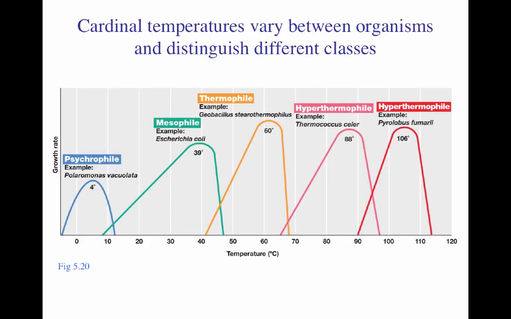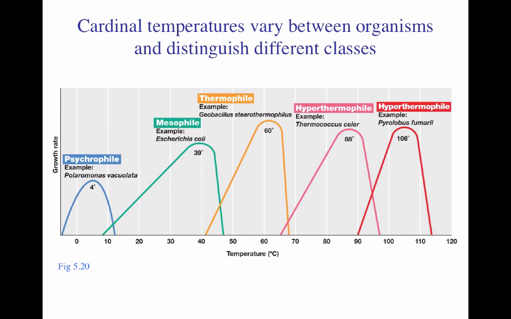And as you may imagine, because we have so many different temperatures on our planet, we're going to have organisms that are able to thrive with different cardinal temperatures in those environments. For example, psychrophiles, like Polaromonas vacuolata, are organisms that grow with an optimal temperature of 4 degrees. They can grow at temperatures lower than 0 degrees, but do not grow any better at temperatures that pass about 12 degrees.